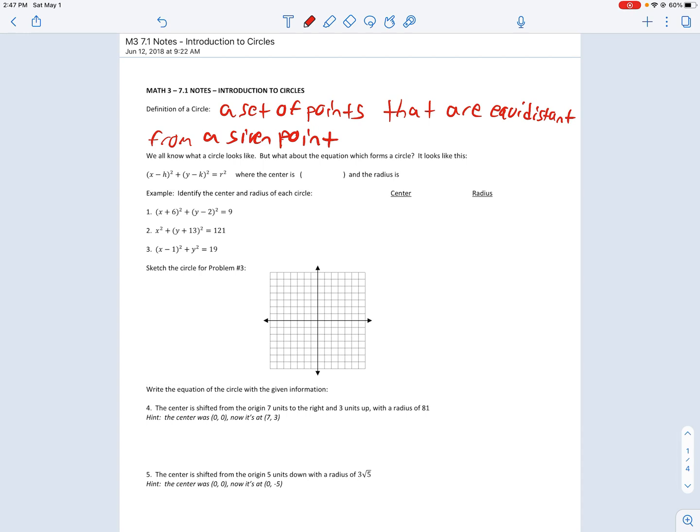For us, that point is called the center. And again, it's a set of points that are equidistant from a given point.